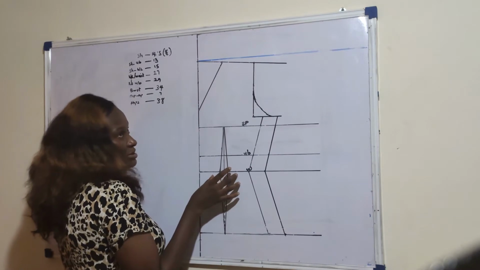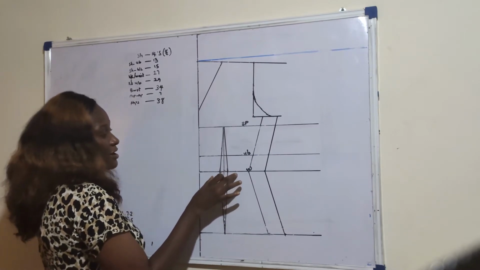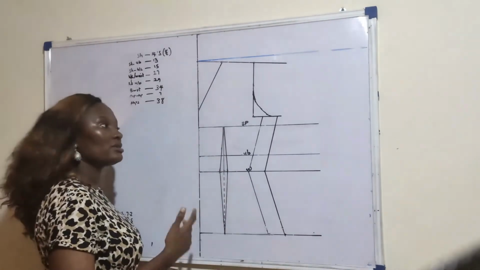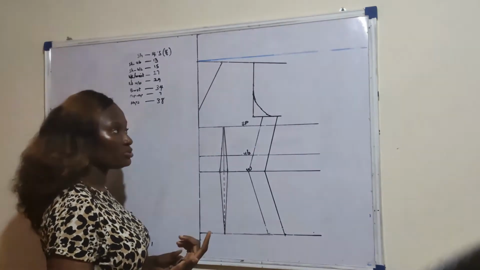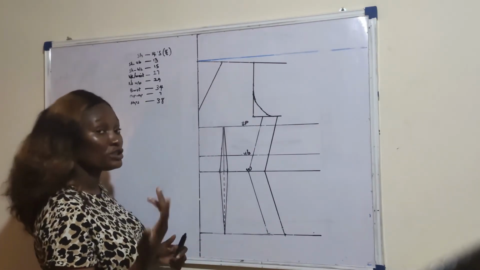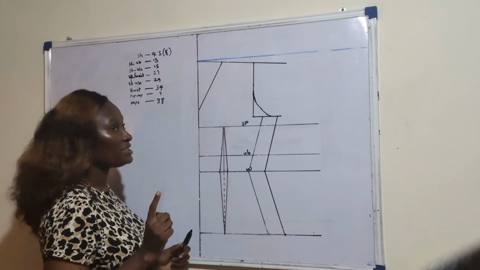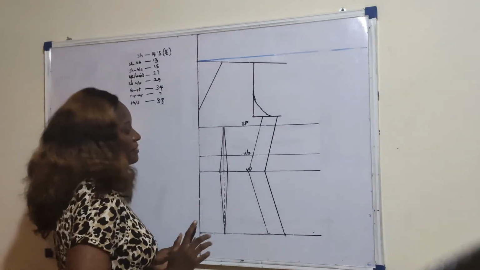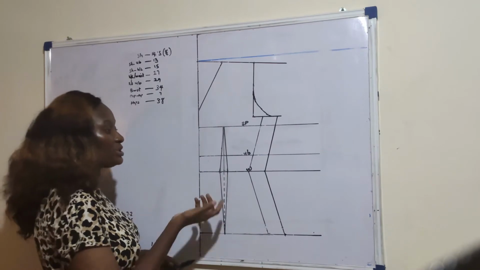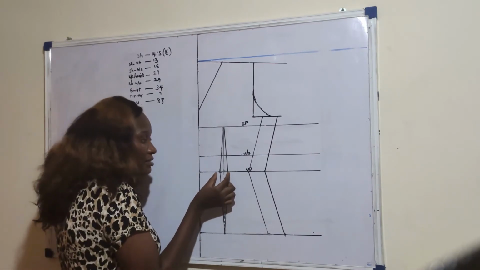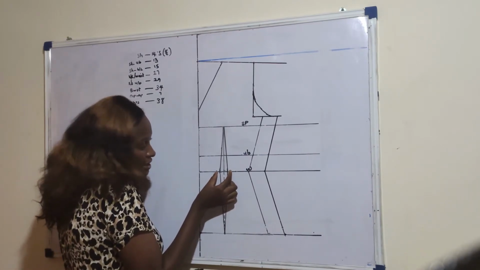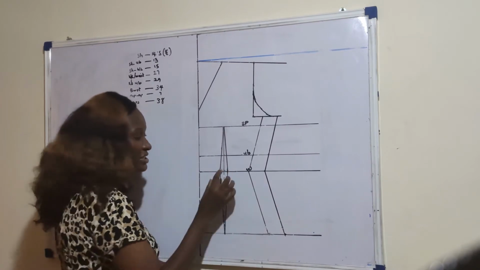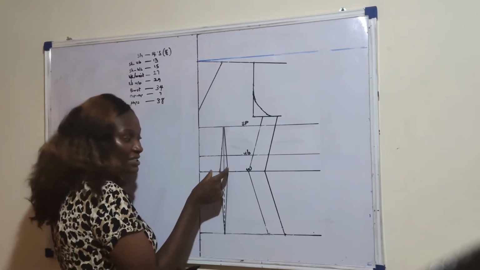This is a bust 34. For plus size, bust 42, 44, 45, and above, you can actually make the dart an inch apart. We took half an inch apart at the waist level.